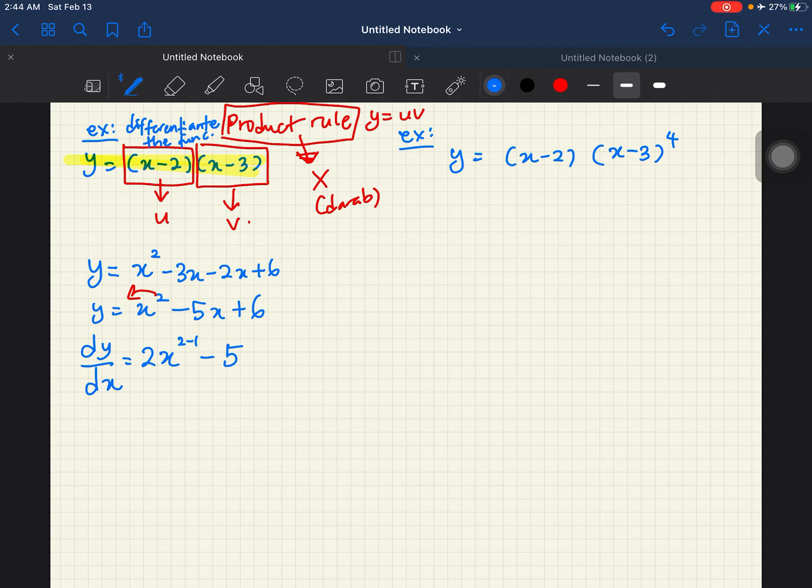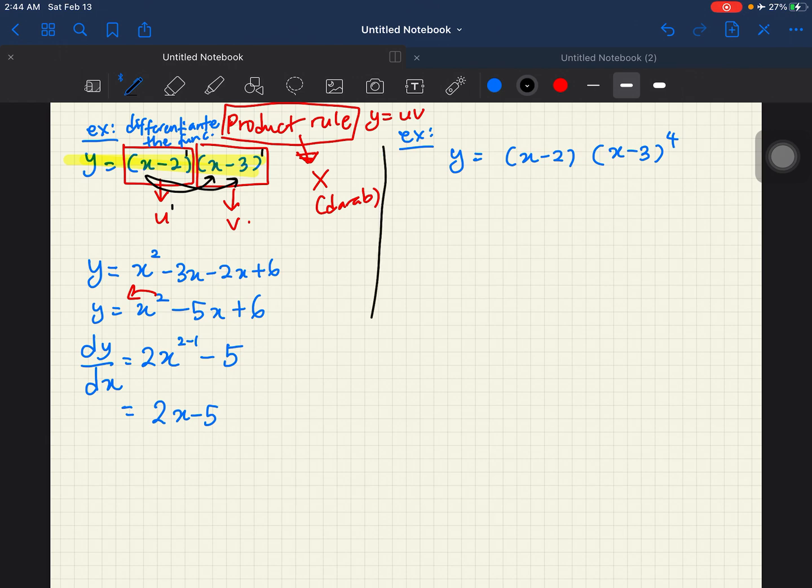Only 5, yeah? So dia akan jadi 2x minus 5. So, this is easy. Memang kita boleh guna product rule, tapi when the power is only 1, bila power dia setiap satunya, u dan v, cuma 1, it's easier for us to just expand it. Okay, kalau kita expand dia lagi mudah.